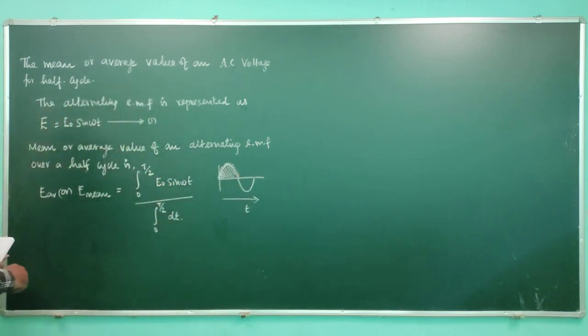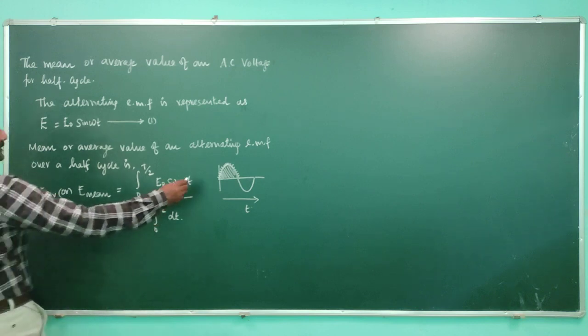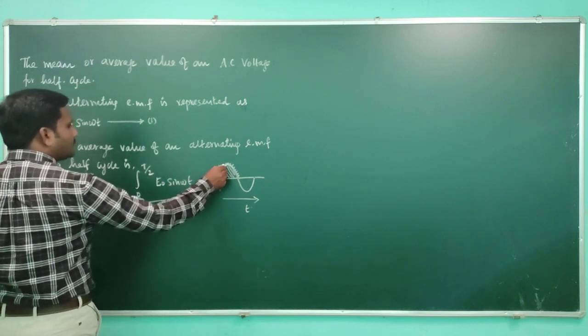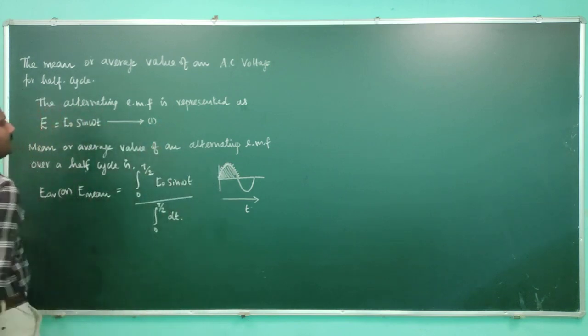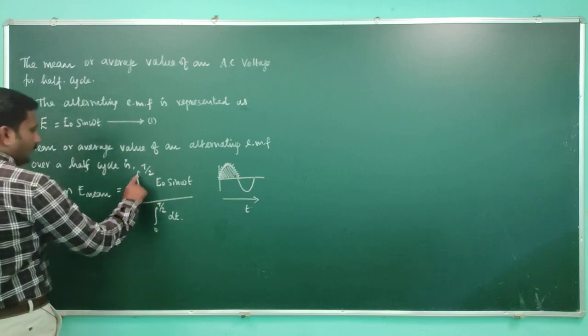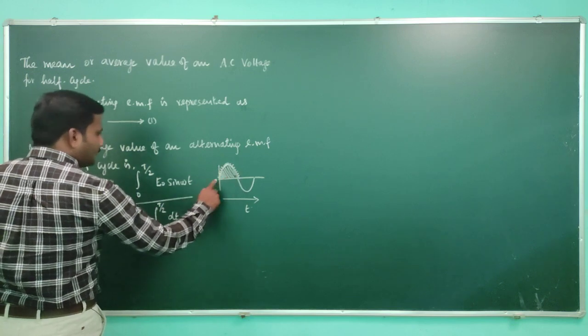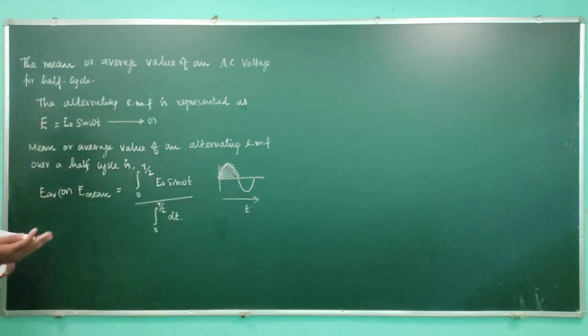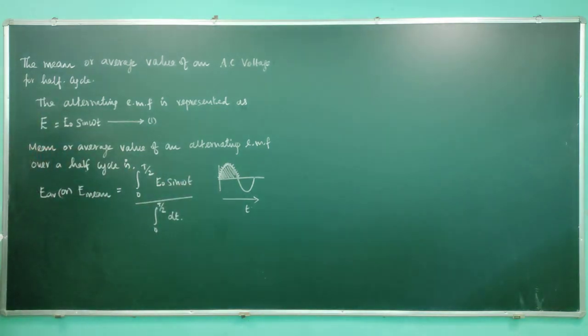This equation implies that we are considering every instantaneous point and the alternating EMF at every instantaneous point. Integral represents the summation. So summing all the points and dividing by the total number of points is nothing but the mean in mathematics, as per our common understanding.